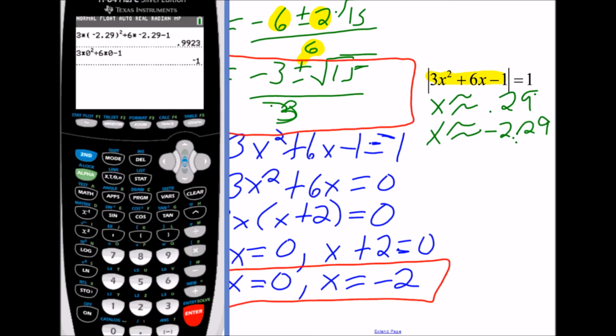And now I'm going to do 3 times negative 2 squared plus 6 times negative 2 minus 1 is equal to negative 1.